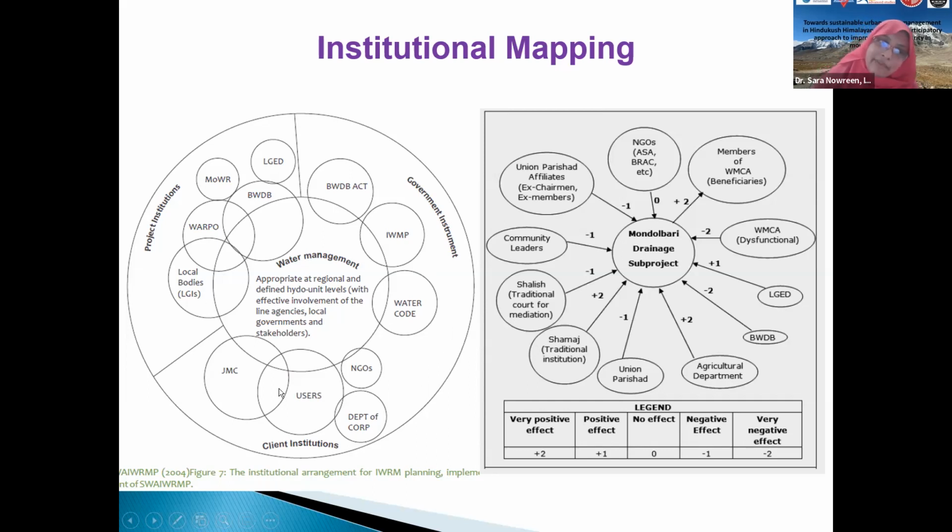For example, the left one is a diagram showing which departments, Bangladesh Water Development Board, Local Government Engineering Department, Ministry of Water Resources, belong to the water management of that particular area. For example, the Ministry of Water Resources lives far away from the local people, right?